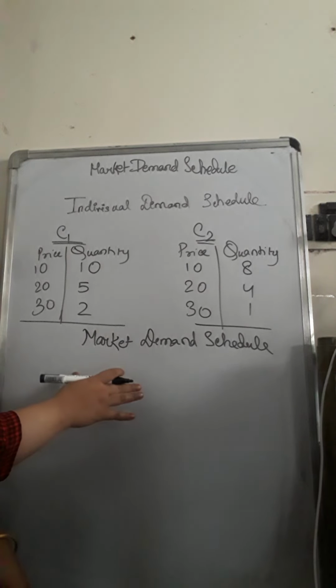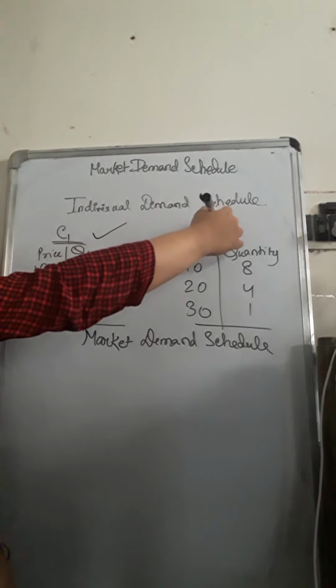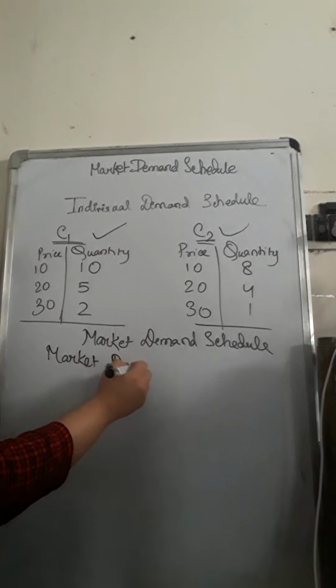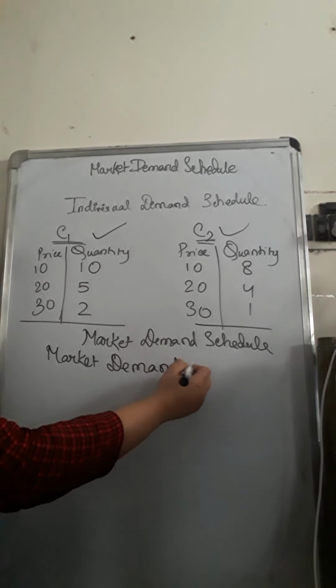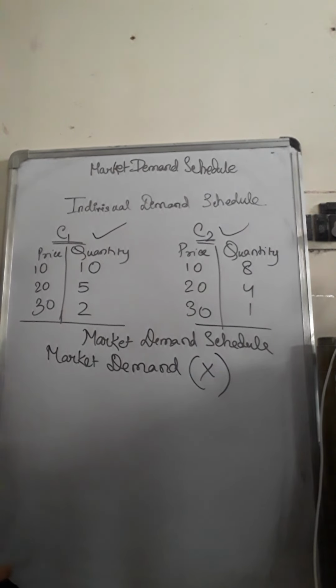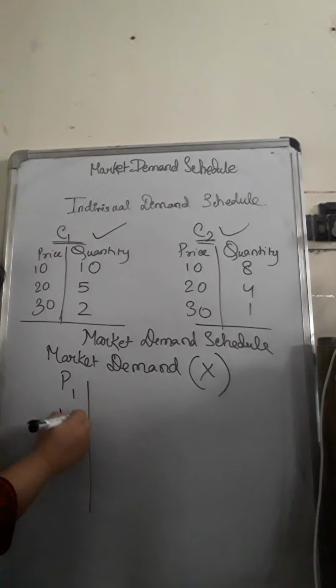So for simplicity, in our type of market, we have considered that there are two consumers only for the product X. So if I want to know the market demand for this commodity, the product X, how will we find the price of the product? Because at different prices there will be different rates of demand.